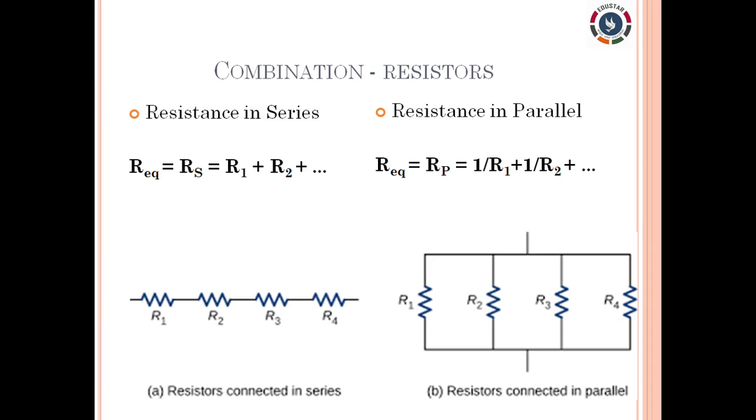This is the important condition: it is maximum in series combination and minimum in parallel. Not only individually in series and parallel, a combination of both series and parallel can also come in numericals.